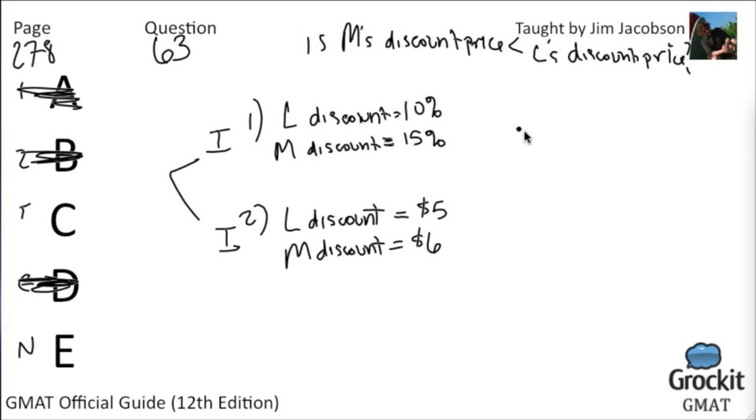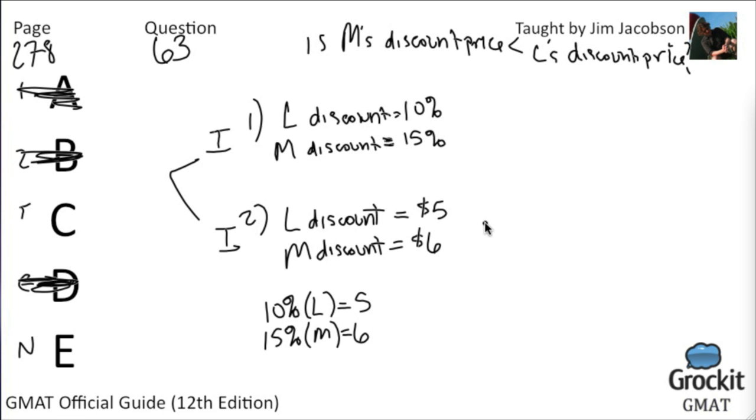We can say that because of the percents in statement 1, we find out what that discount represents in statement 2. So we know, for example, that 10% of L's full price equals $5, and 15% of M's full price equals $6.